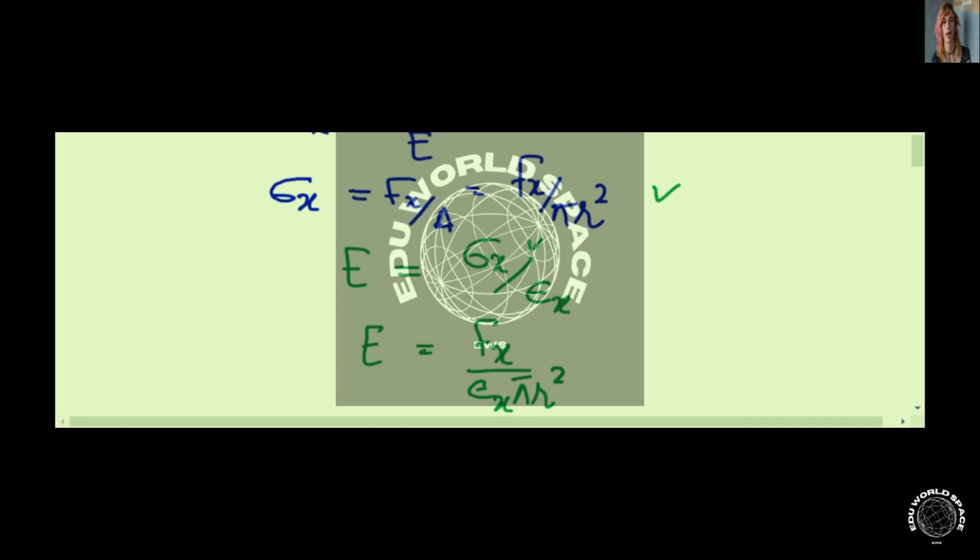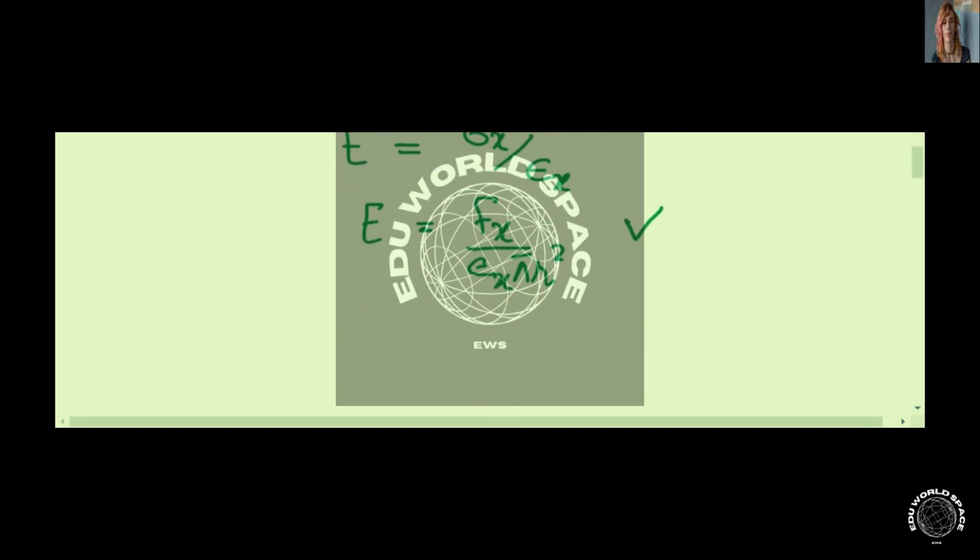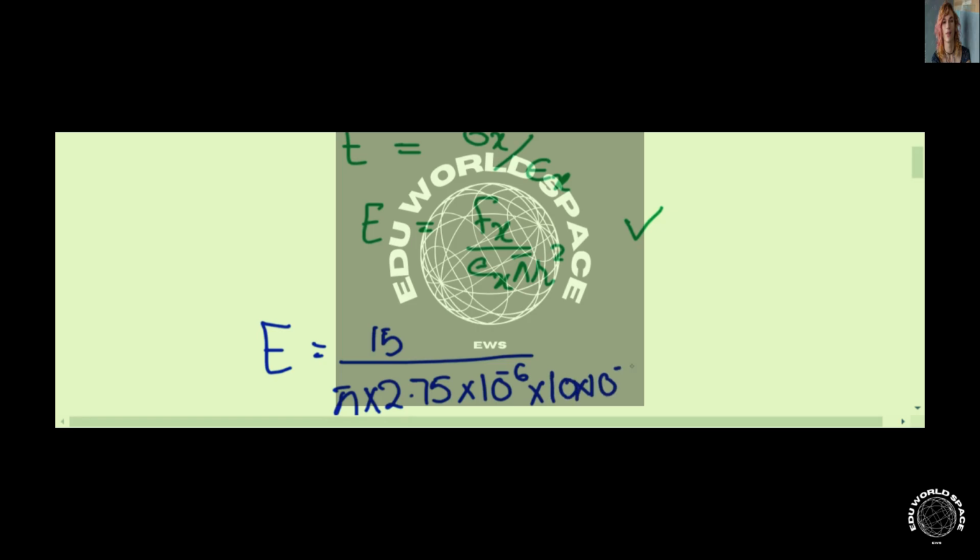Now we simply substitute the given values, and we'll have elasticity is equal to 15 divided by pi into 2.75 into 10 raised to power negative 6 into 10 into 10 raised to power negative 3.